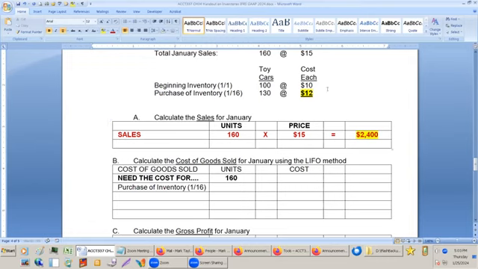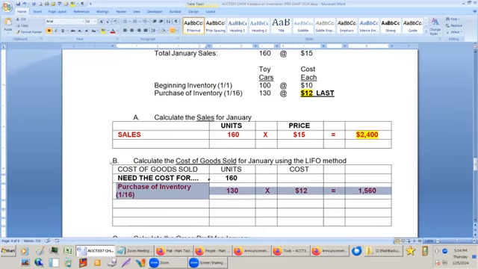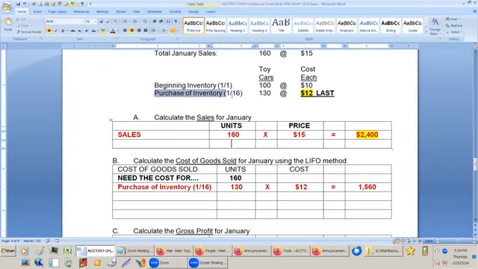And again, we know that these aren't really the first ones that we sold, but theoretically it's a more accurate number. $15,600. 13 times 12. Okay, so these are gone. They're not coming back.